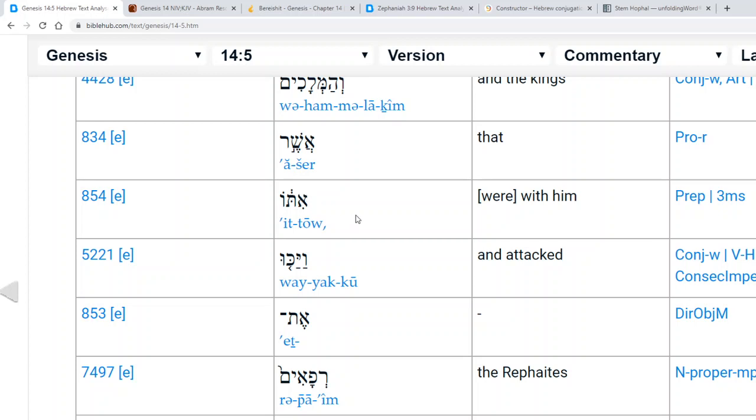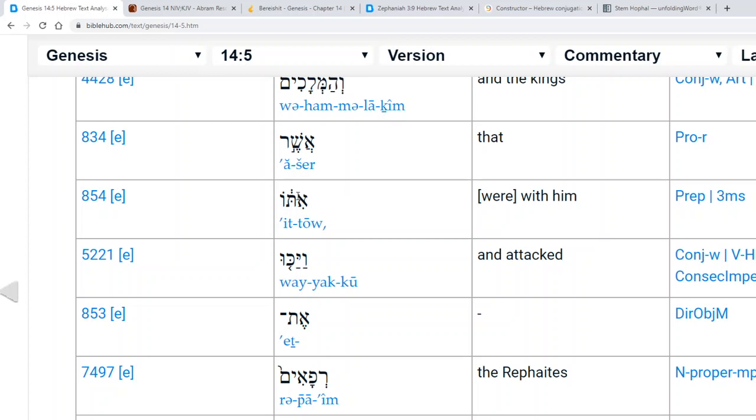Ito and oto, so this is how you actually know when it's conjugated with that vav whether it's saying the preposition with, or if it's the direct object marker. Here, it's not the direct object marker. It's the preposition, because it's ito.